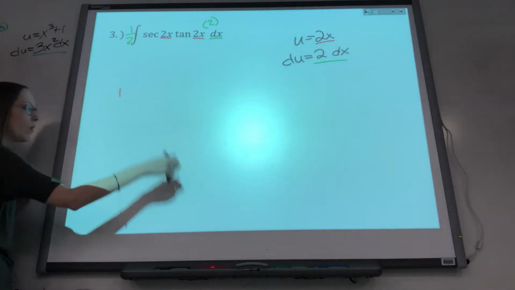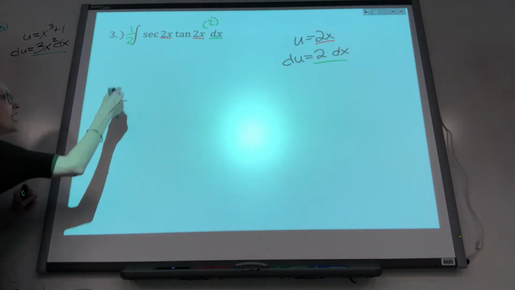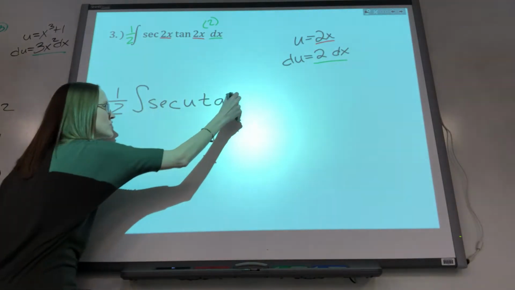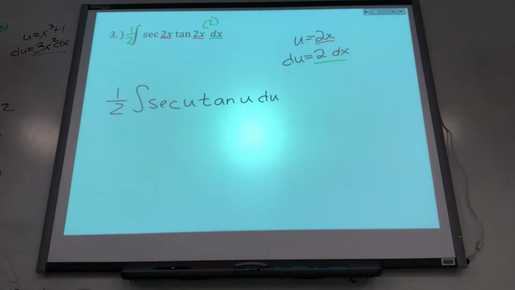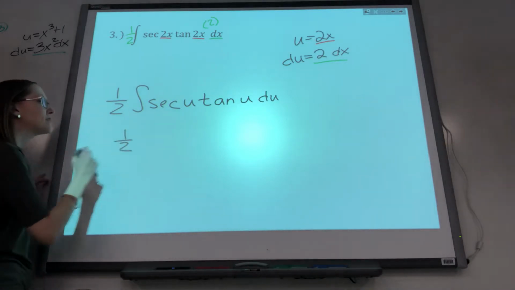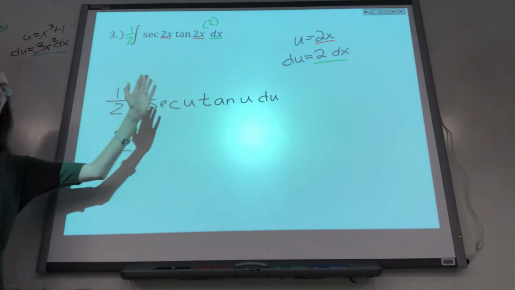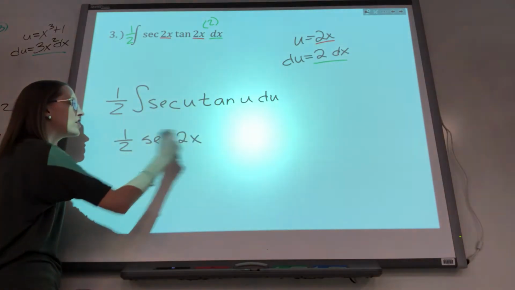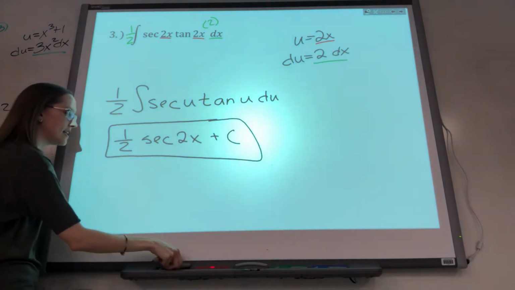So this is now 1/2 times the integral of secant of u tangent of u du. You want to integrate that just like you would with x's. So the 1/2 stays out front. The integral of secant of u tangent of u is just secant of u. I'm going to go ahead and put that back in, plus c.